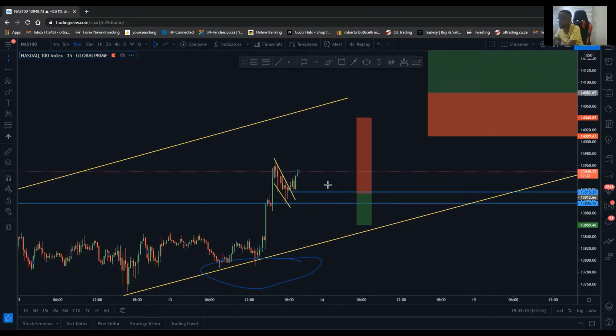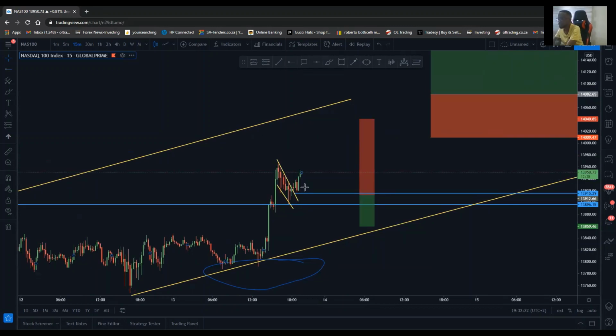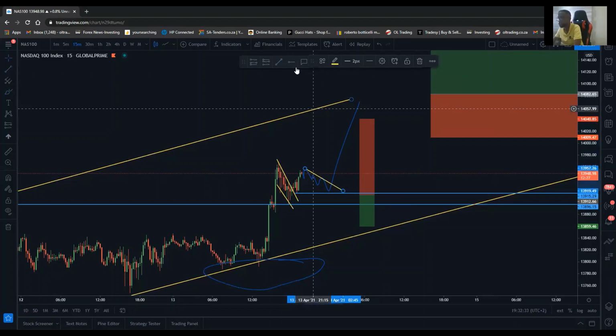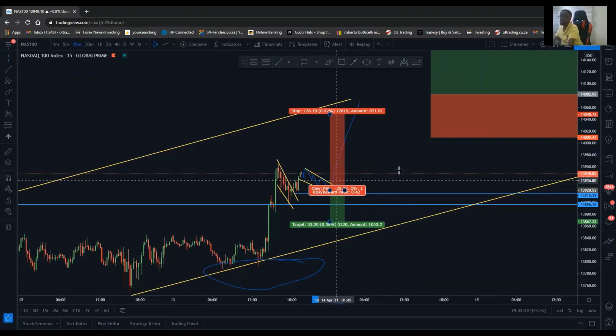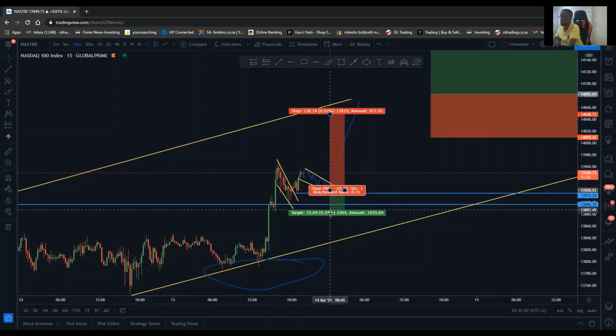You can have the market coming down again. You understand? So you need to be very, very patient. So let's just wait for it since it has already moved. Let's see if we can have this significant retest.